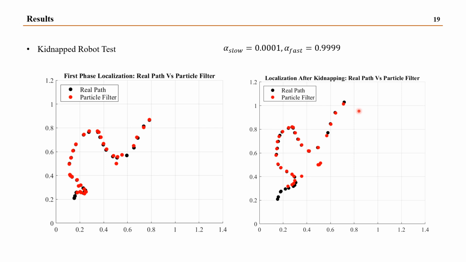So this shows that a simple modification on the vanilla particle filter was able to overcome the kidnapped robot test, which is quite a powerful method and quite easy to code up and to test. I should mention that actually calibrating alpha slow and alpha fast was not quite easy, but the whole method is simple to implement and easy to understand and interpret.